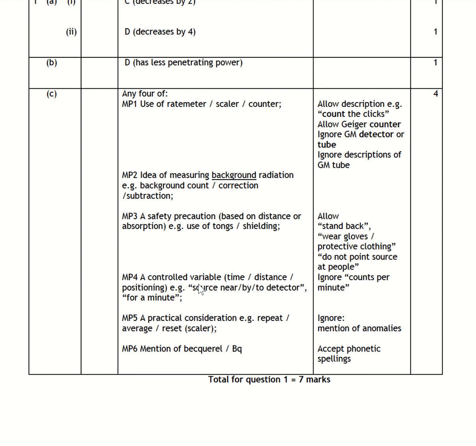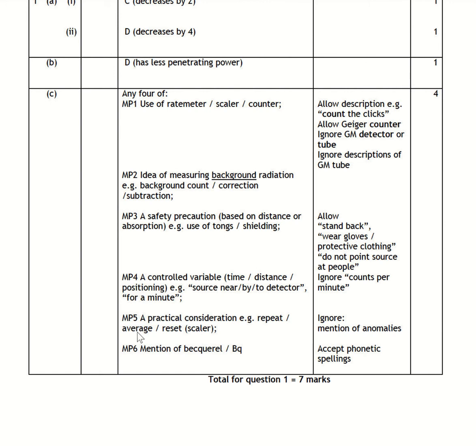A controlled variable: time, distance, positioning. Example: source nearby to detector for a minute to get an average.